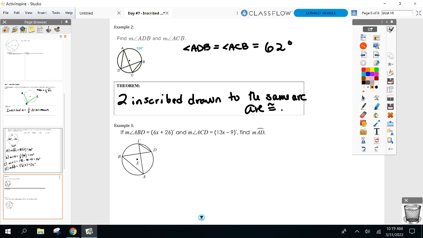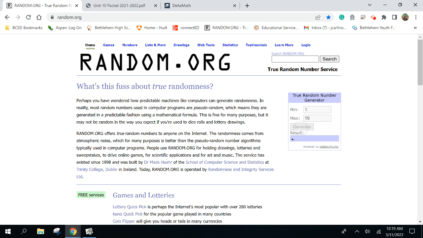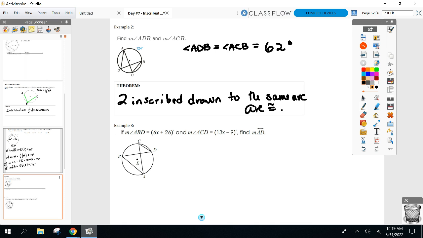I'll get you started on number 3, and then I'll let you go and finish it. Everyone look at angle ABD for me. What type of angle is ABD? Inscribed. Yeah, we're good.